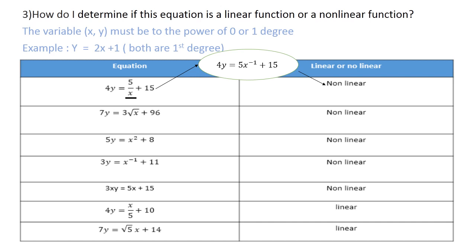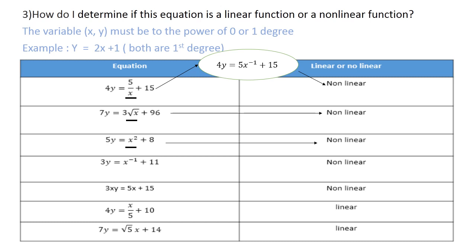The second example, 7y equals 3 root x plus 96. Here x is to the power of a half, so the equation is non-linear. The next example, 5y equals x squared plus 8. Here x is to the power of 2, so it is not a linear equation.